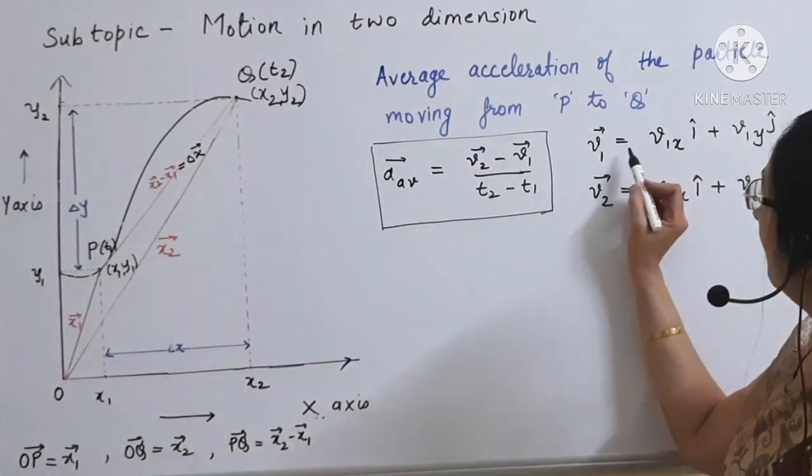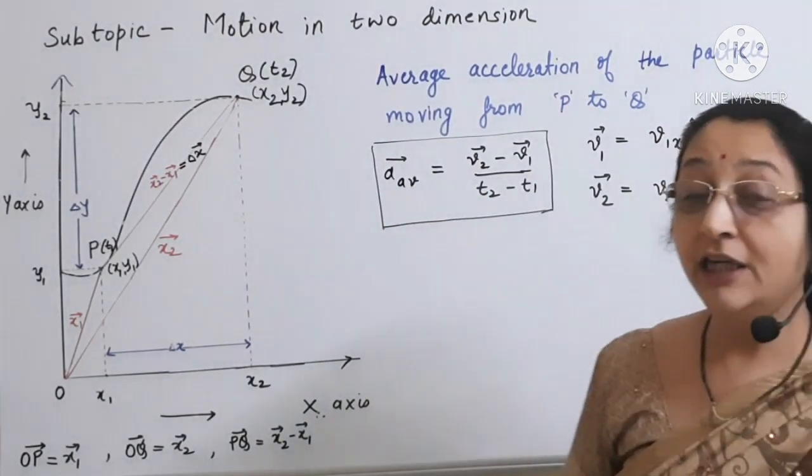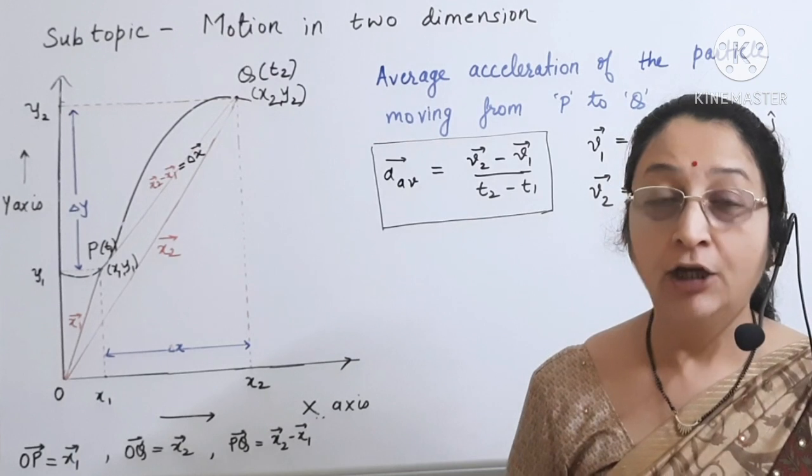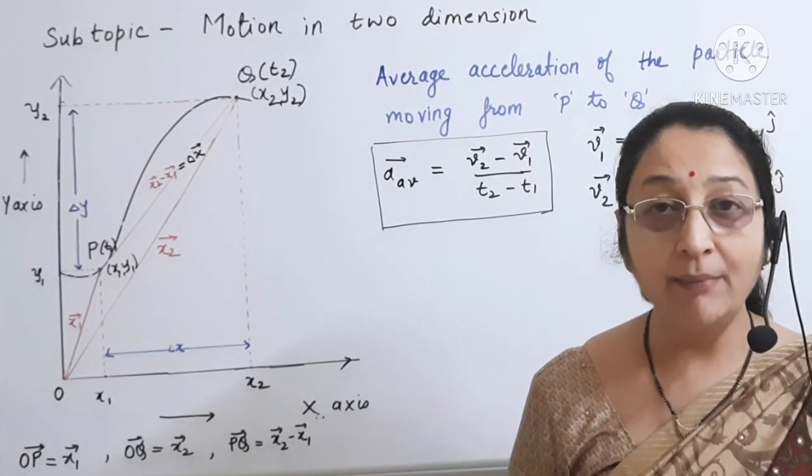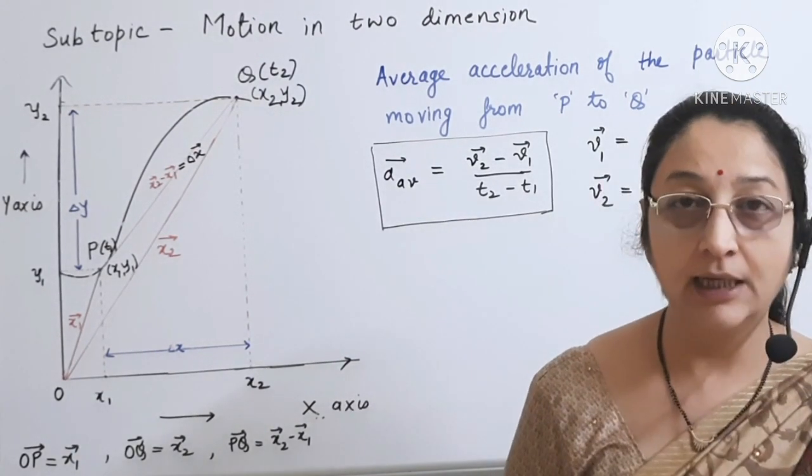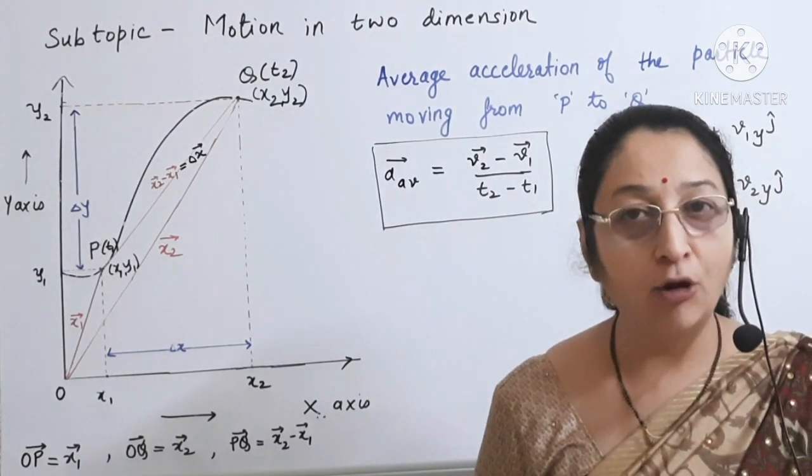Now V1 is the initial velocity of the particle. We know that the particle is moving in two dimensions, so it will have two components, along the x-axis and along the y-axis.